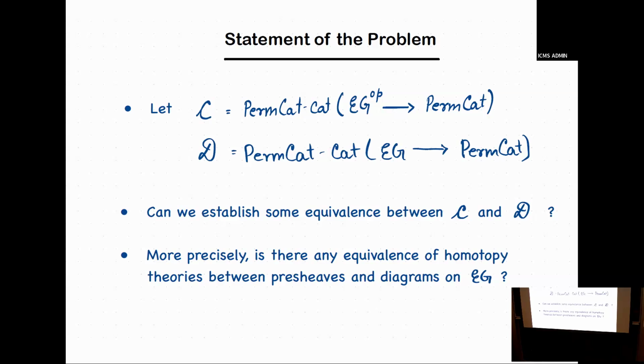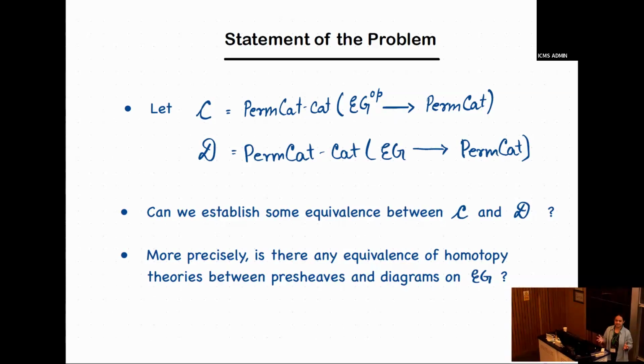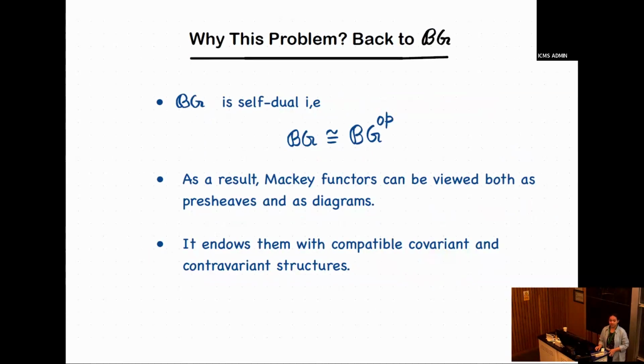Okay. So the question is whether we can see C and D in some sort of same way. More precisely, is there any equivalence of homotopy theories between presheaves and diagrams on EG? So why this problem? We'll go back to the Burnside category.